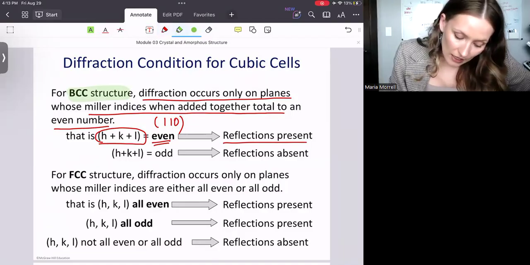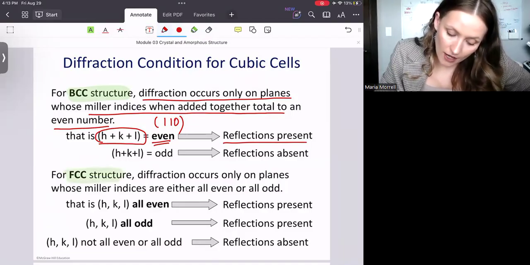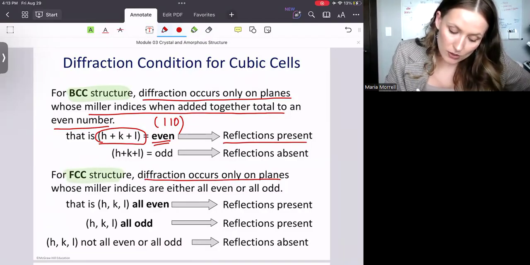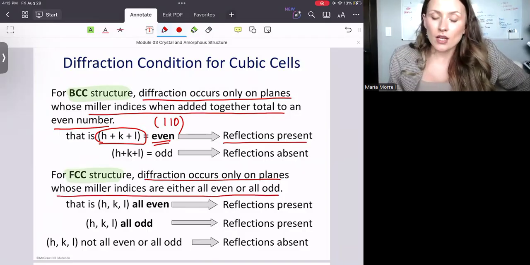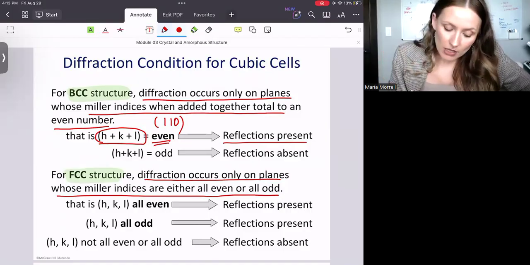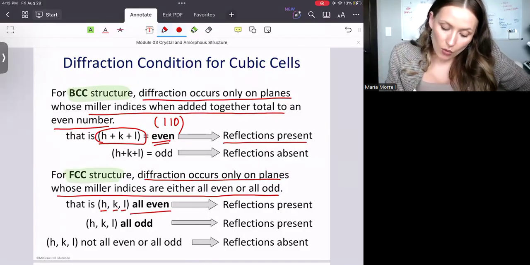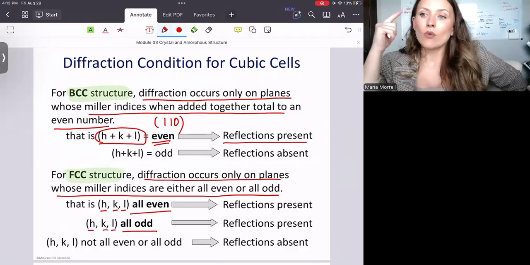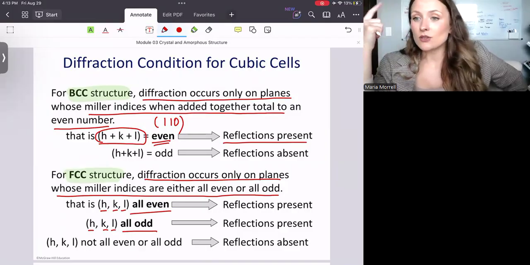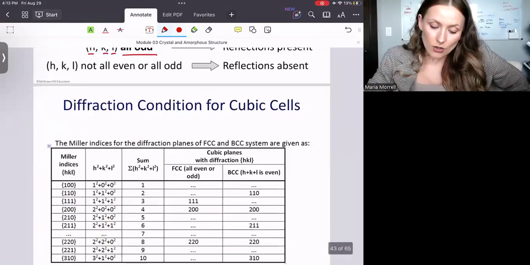Now, what happens for the FCC structure? Diffraction occurs only on planes whose Miller indices are either all even or all odd. So this is not a sum anymore, meaning that H, K, and L must be all even or all odd. Example: 1, 1, 1, or 0, 0, 0, and keep in mind that 0 is considered even.